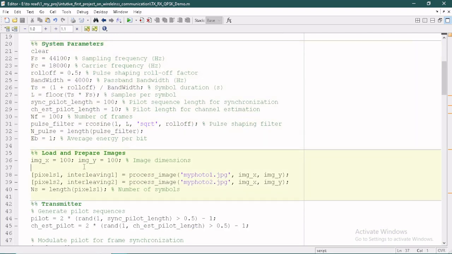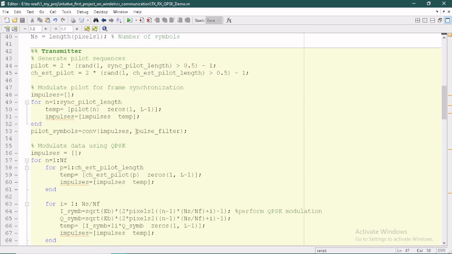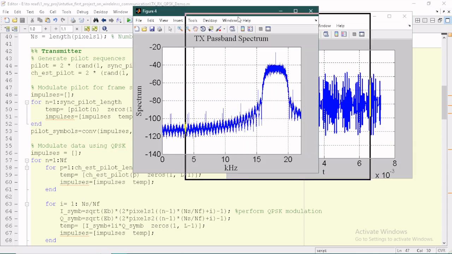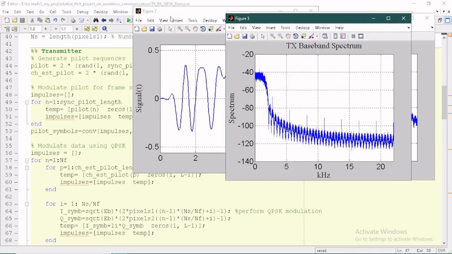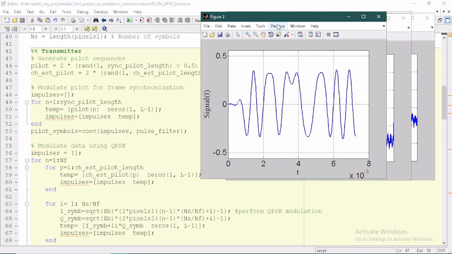Let's run this section again. We reduced the image size, so we reduce the processing time. And let's run this section also again. So first see the impulses as we saw them before.